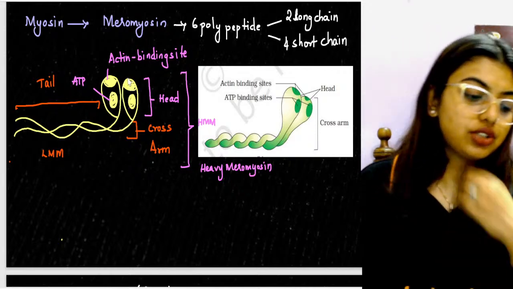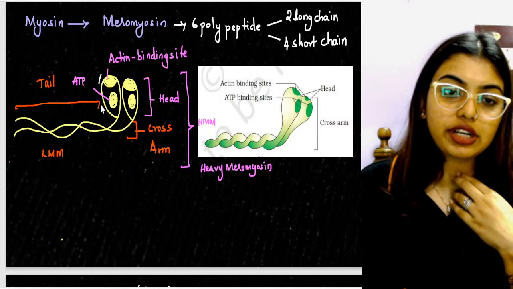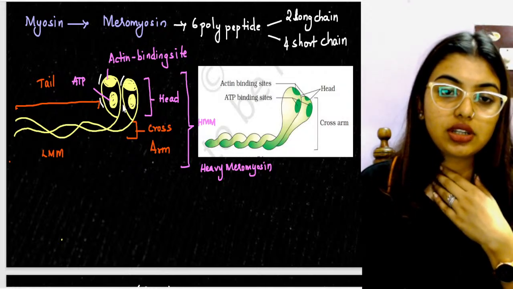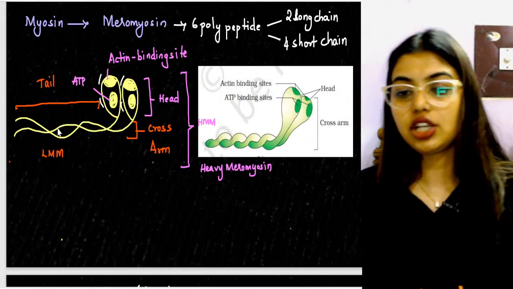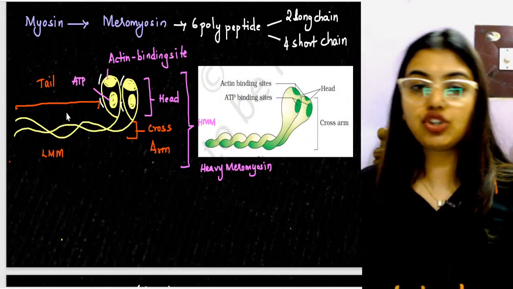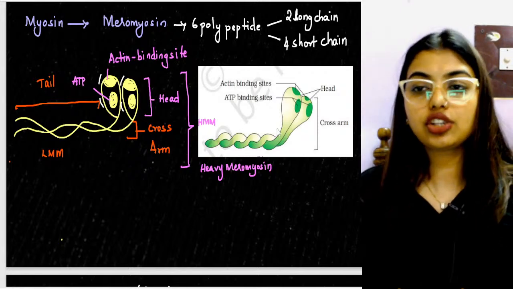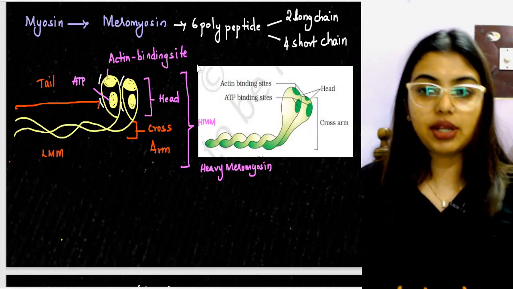Actually students, when we draw the short chains, we just draw them like this. These are the short chains. These are the 2 long chains. 2 long chains and 4 short chains. Now this is the structure of meromyosin, actin and myosin.